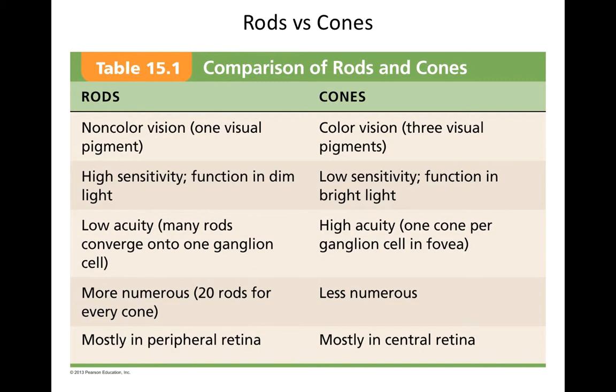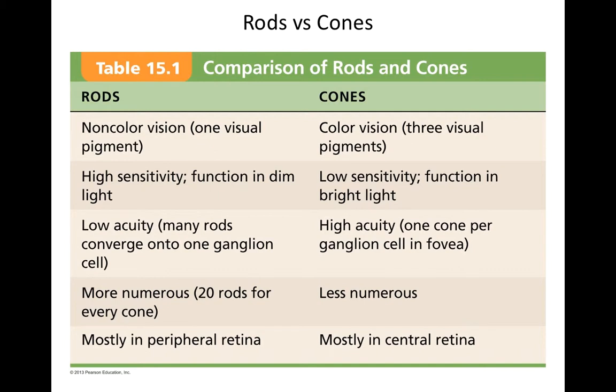Rods are incredibly sensitive to light, meaning that they don't need a lot of light to function. So there doesn't have to be a huge amount of light in order for your rods to fire, whereas cones have very low sensitivity and they require huge amounts of light to activate.